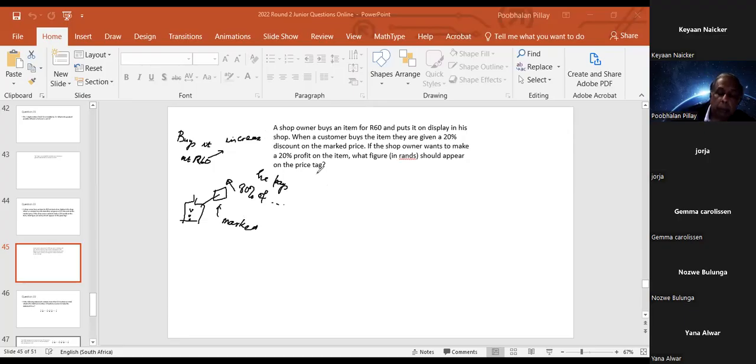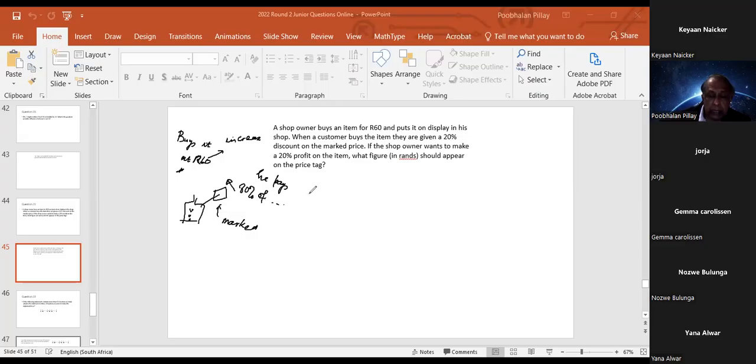These days people make at least a profit of 90%, 100%, 150%. People push up the prices enormously. It's quite frightening. Anyway, let's make a profit of 20%. So if you got 60 rands, and you make a profit of 20%, 20% of that is 1/5. 1/5 of 60 is, so what does he pay?